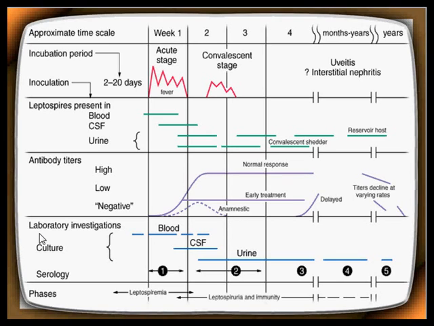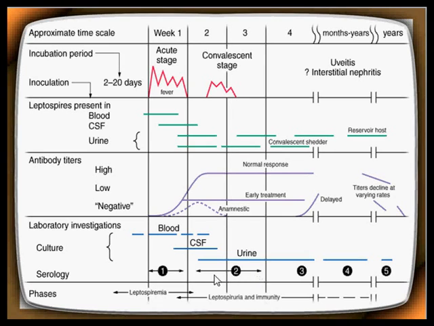Laboratory investigations: blood culture will be useful in the first week and the early second week, during the inoculation phase, whereas CSF culture is useful in the late first week and the early second week, and urine examination and urine culture from the second week onwards throughout the course of the disease. Serology in the first week is difficult; sometimes you don't get many antibodies in the first week.